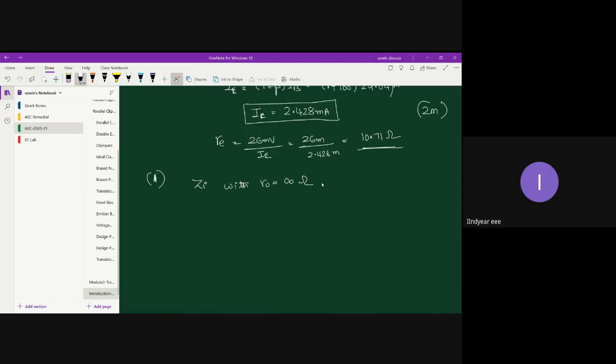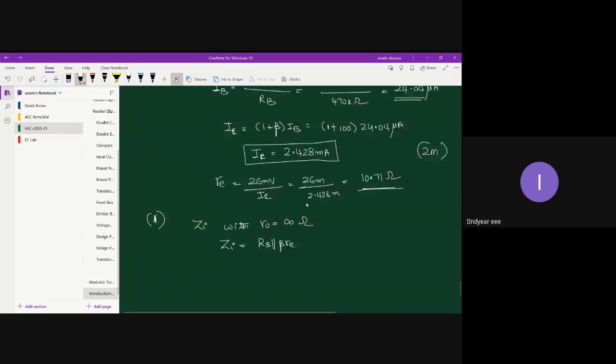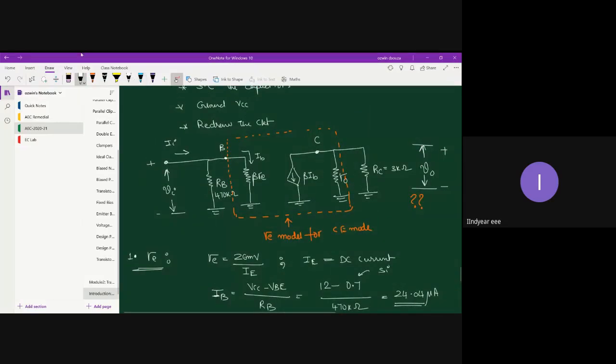This is just to confuse you. They have said to find Zi under the impression that r0 is infinite ohm, but it doesn't matter because Zi is found on the input side. We have already seen in the previous analysis that Zi is the parallel combination of RB and beta re. So this is Zi. Let me mark it.